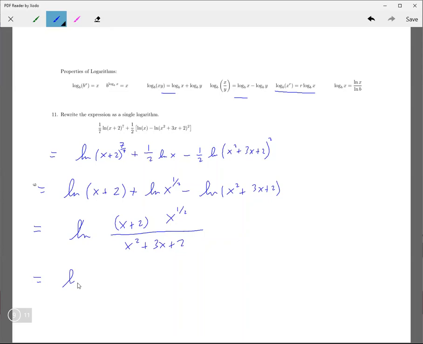Okay, now it turns out that we can simplify this a little bit. I'll change it to a square root of x now. This factors into x, x plus 2 and x plus 1, and then the x plus 2 is reduced.